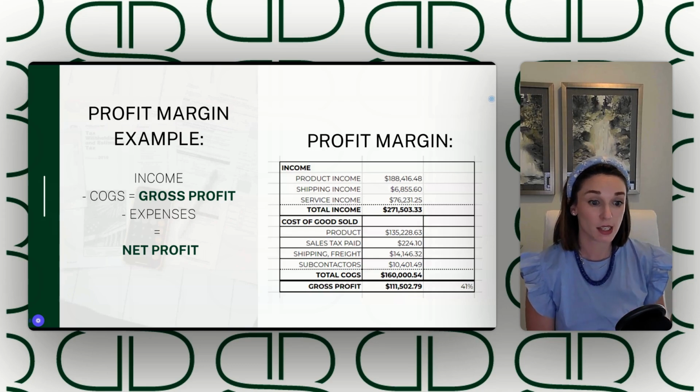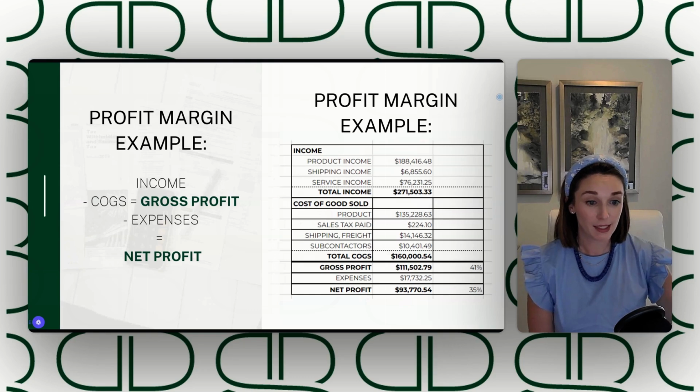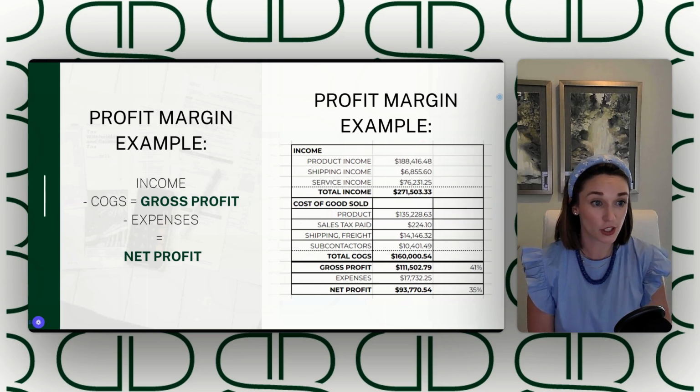And so this project is sitting right at 41%. So that's doing great. If you wanted to add in the expenses to find out the net profit margin, you simply add in the expenses here. So you can see that there's $17,732 of project-specific expenses for a net profit of $93,000.